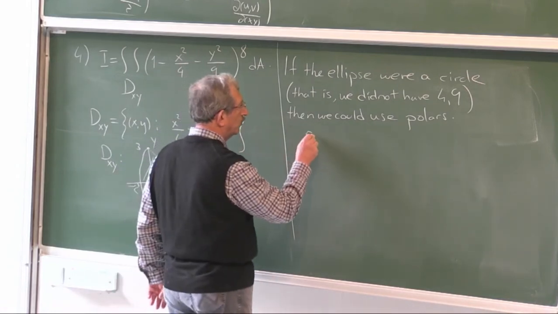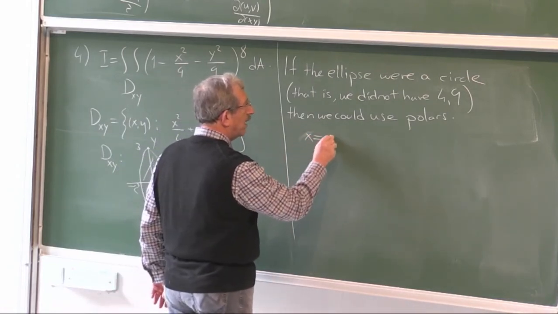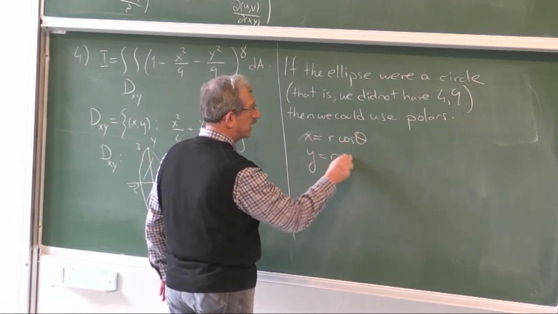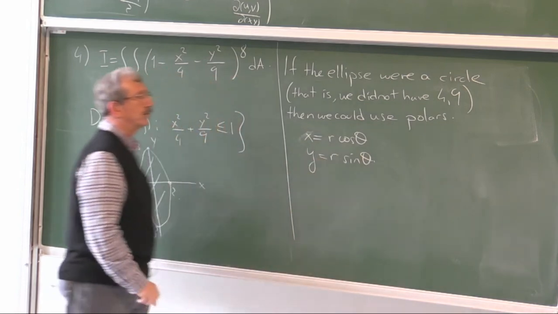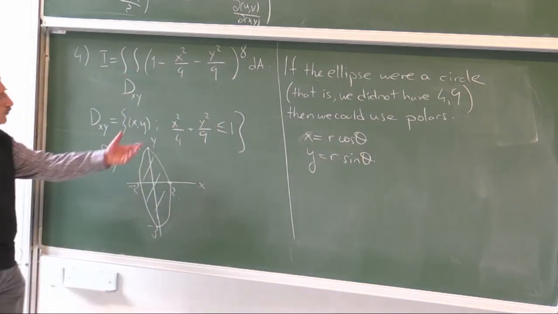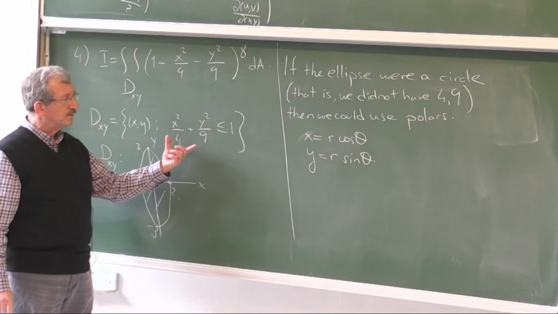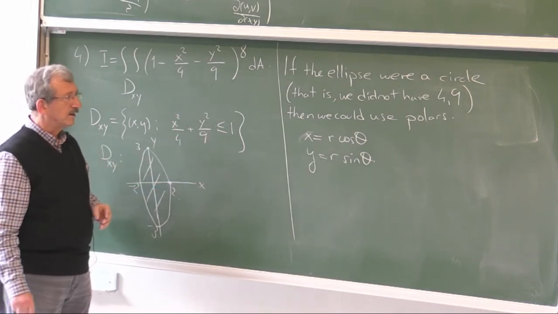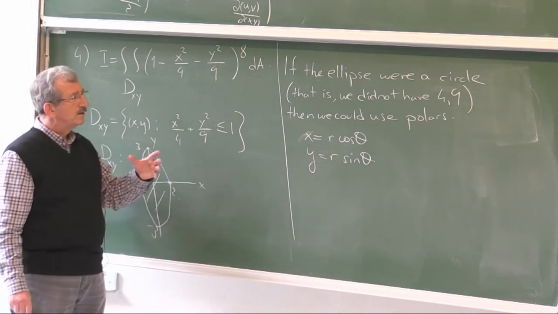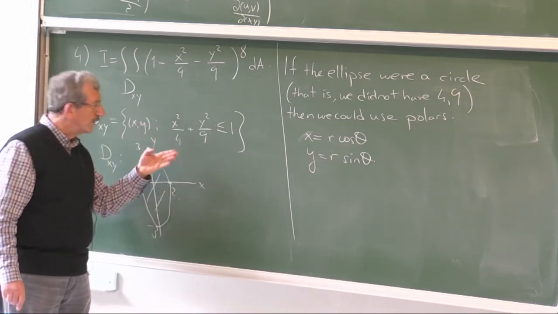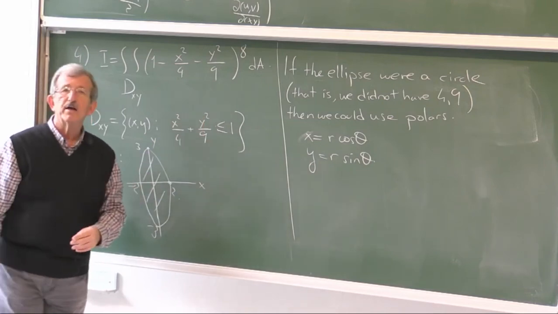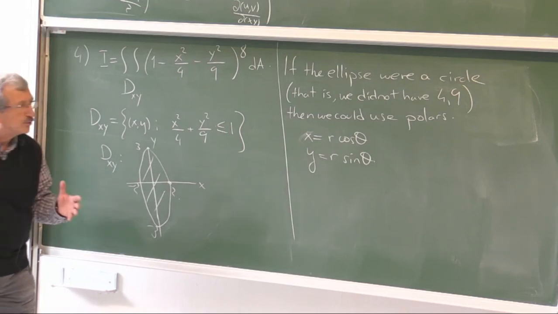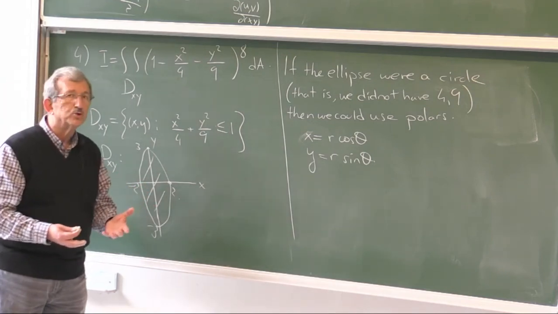So, normally, we would have x is r cosine theta, and y is r sine theta in polars. But if we put them in here, this ellipse is quite strange. It is r squared cosine squared divided by 4 and divided by 9. All this complicates the matter. We cannot use sine squared plus cosine squared is 1.